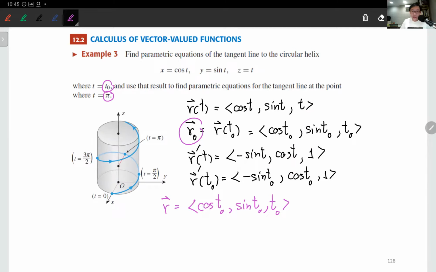And then what else are you going to get here? Plus, very good, you put the parameter t in there. Bam. And then followed by r prime at t naught.